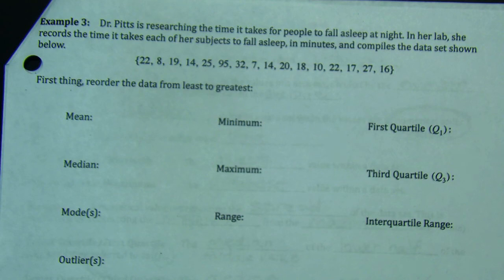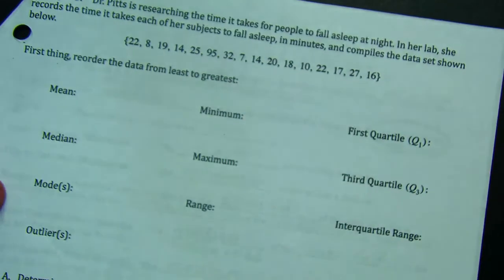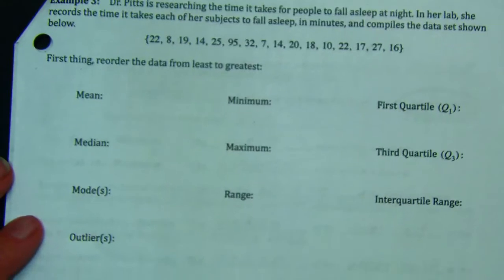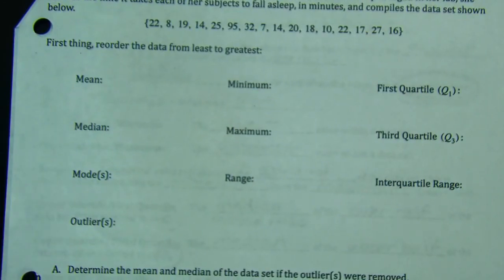There is obviously an outlier. In this case, it's obvious at one end. What's the obvious one? 95. Still include it in all your data up here. There might be another outlier.